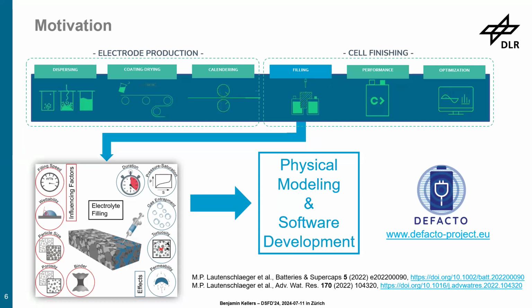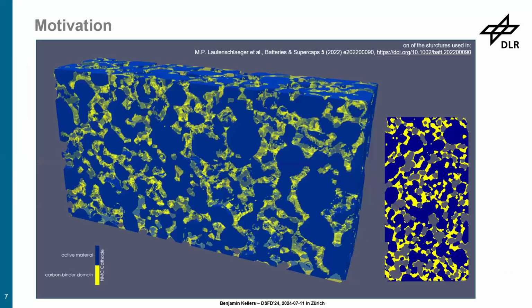This was all done in the context of the Dsfd project, which was a very large Horizon 2020 project funded by the European Union. Here I wanted to highlight one of the main problems. So what you can see here is a stochastically generated battery cathode.